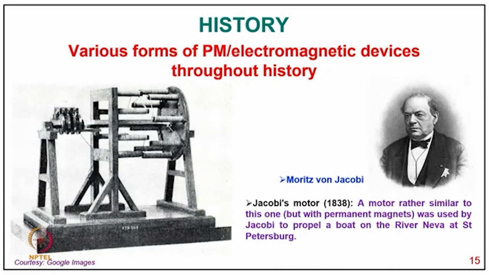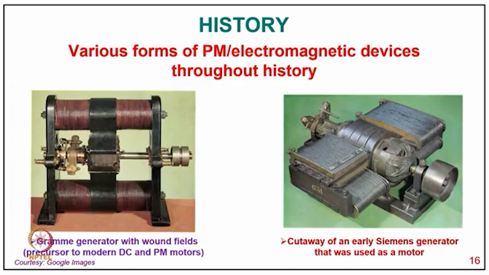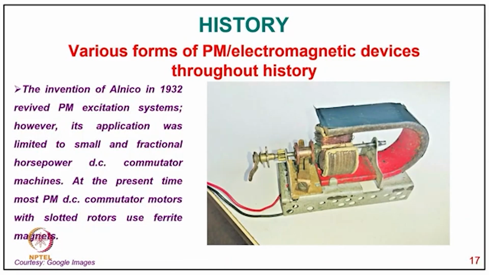And typically Jacobi's motor, which he invented in 1838, a motor rather similar to this one but with permanent magnets, was used by Jacobi to propel a boat on the river Neva at St. Petersburg. And of course, this is another Gramme generator with the bonded field on modern DC and PM motors. Then another cutaway of an early Siemens generator that was used as a motor.